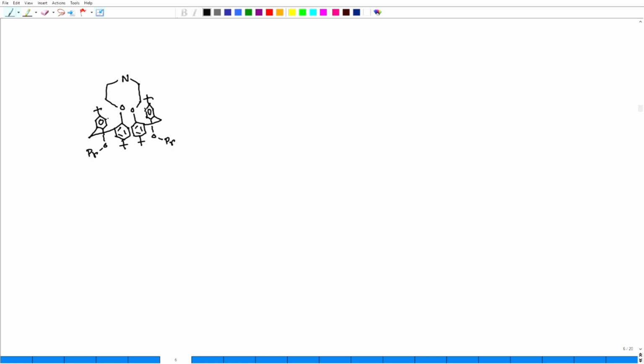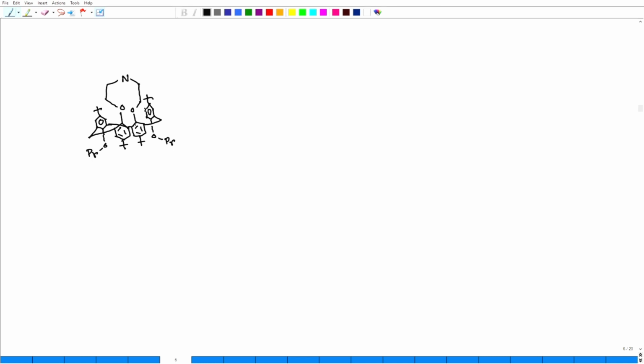And then it is bound. How are these bound? Anyway, these are bound. At the one end, this is 1,2 alternate calix[4]arene.